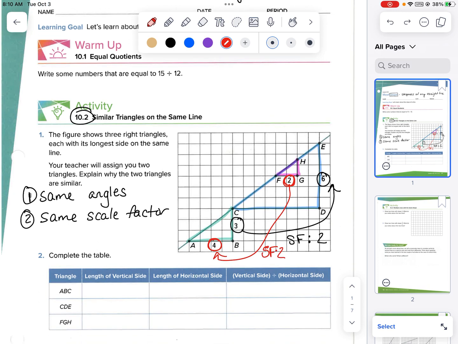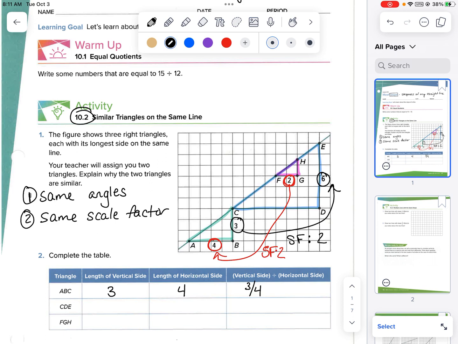It says to complete the table. We're going to look at the length of each vertical side and length of each horizontal side, and then we're going to divide vertical by horizontal. So if we start with ABC, our vertical side length is 3. Our horizontal side length is 4. So our fraction would be 3 over 4.